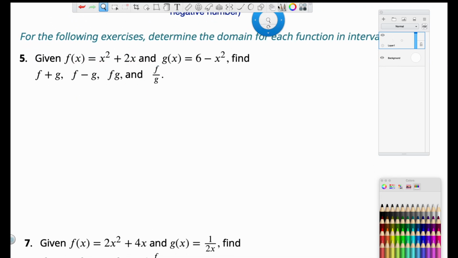Okay, so we are looking for f plus g. All right, so f plus g of x is the same as saying f of x plus g of x.